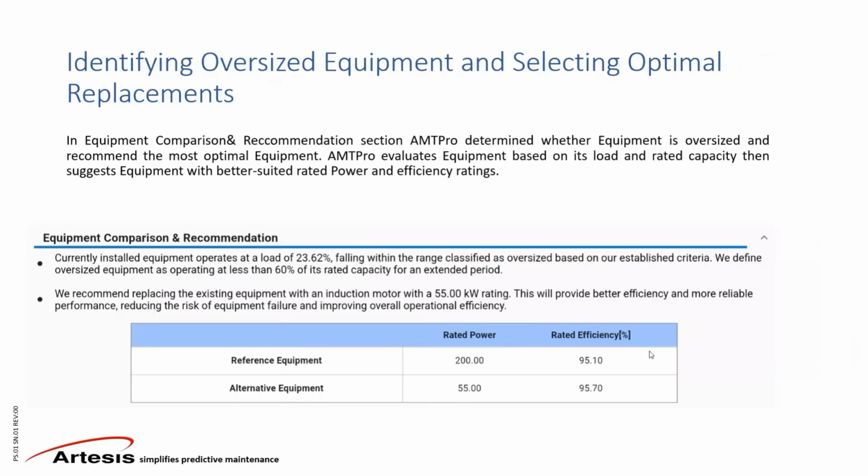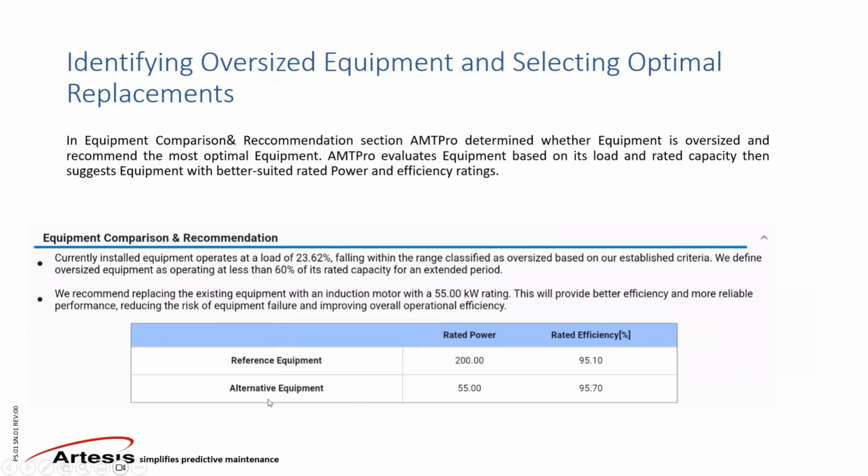And same thing with the oversized motors. If the motor is oversized, it will tell you again how much efficiency cost that will bring to you, and then it will make the suggestion. From that, this equipment is running at a load of 23%, which means there's almost no load, and it's less than 60%.